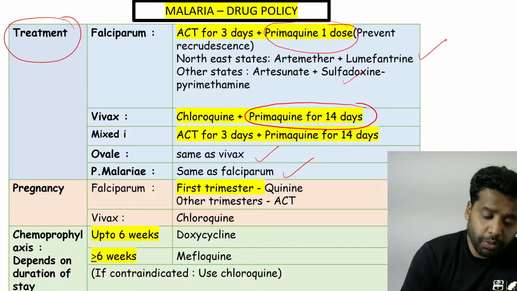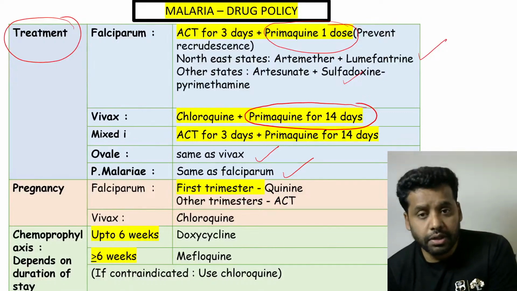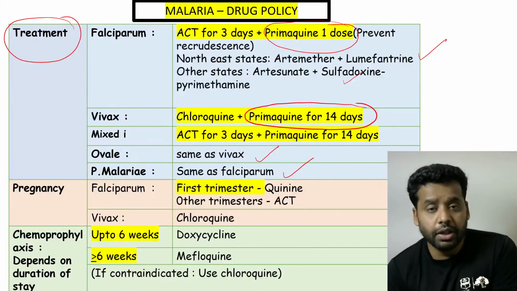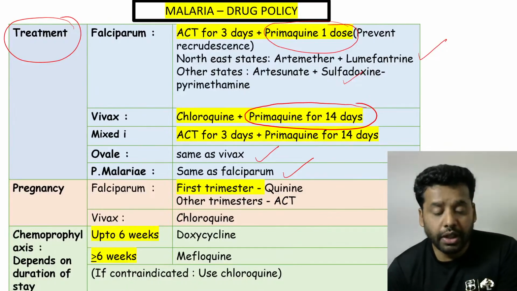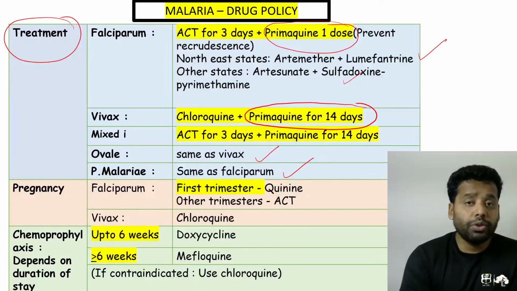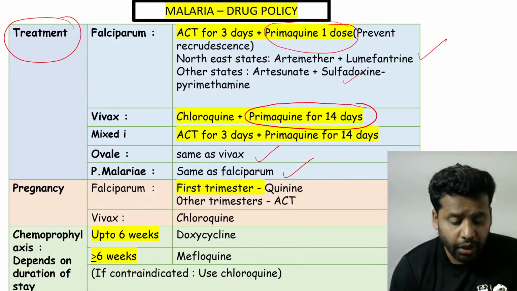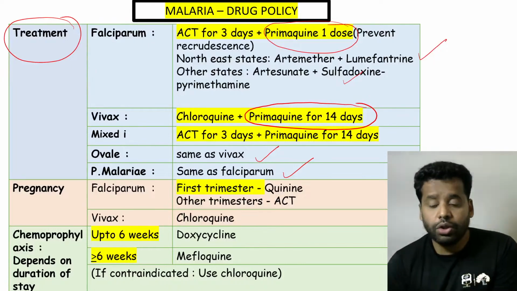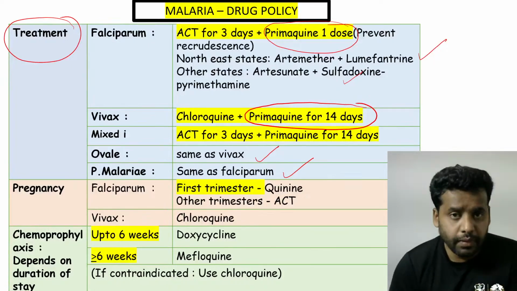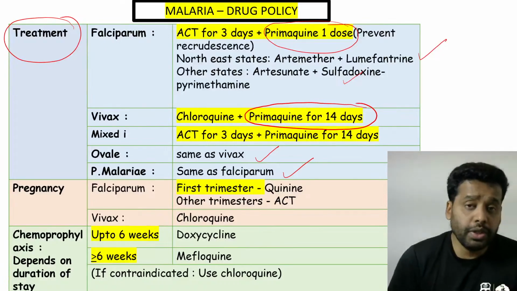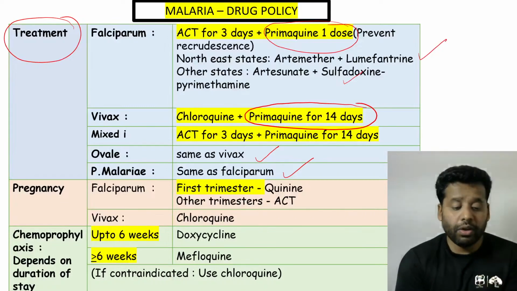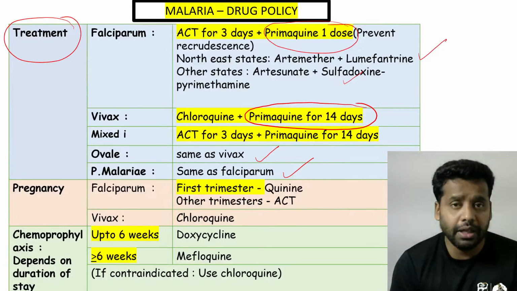And chemoprophylaxis depends on the duration of stay. When you are going and staying in an endemic area, depending on the duration of stay, we are using chemoprophylaxis. If your stay is up to 6 weeks, you can use doxycycline. If your stay is for more than 6 weeks, we have to use mefloquine, because it is a long-acting antimalarial.